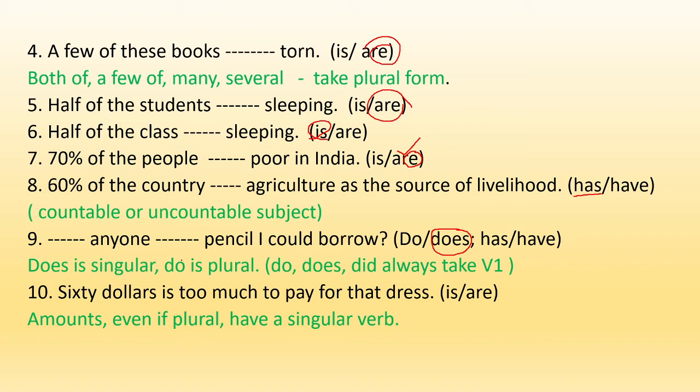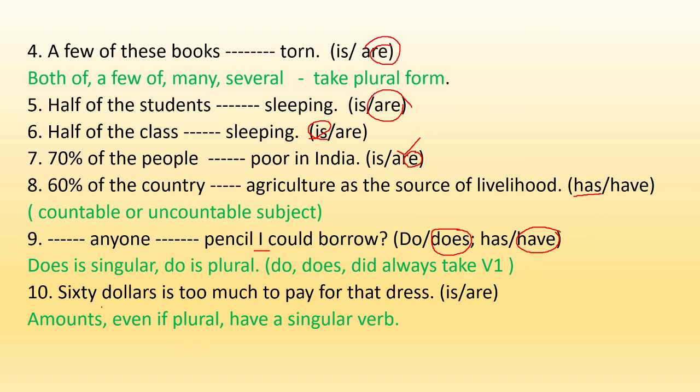As I have told you, does we are taking here, does anyone, and do, does, and did always take V1, the first form of the verb. So here we are going to have have. And since the subject here is I, it can only be have. So that is why this is our choice. So does anyone have a pencil I could borrow? This becomes the sentence. So you have to take care of these little things.